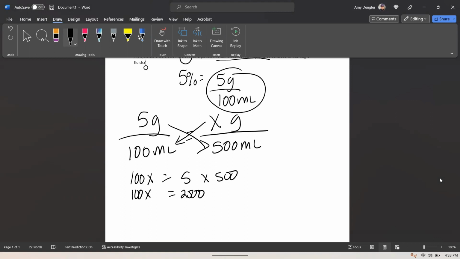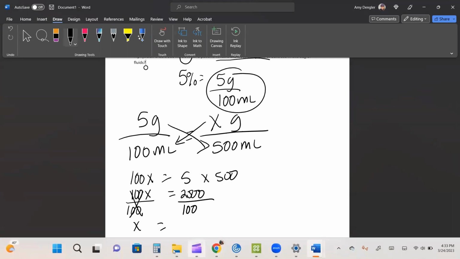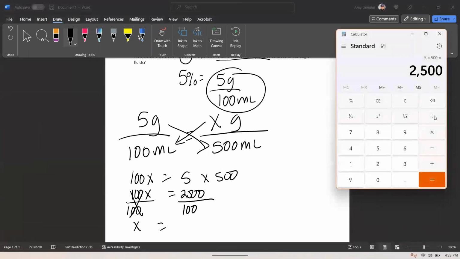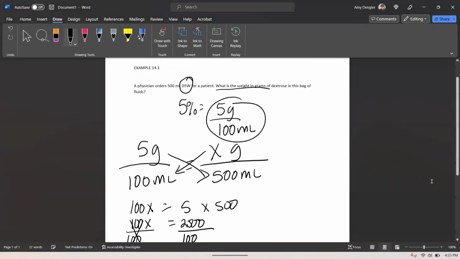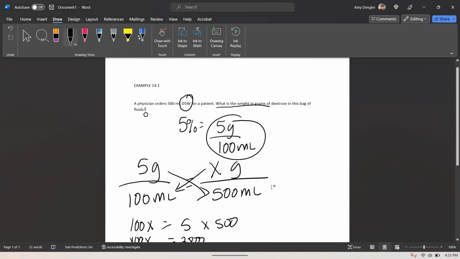So we have 100X is equal to 2,500. We want to get the X alone, so we need to divide by 100 here and also divide by 100 there. And we get 25 grams. So there's 25 grams in the bag of fluids.